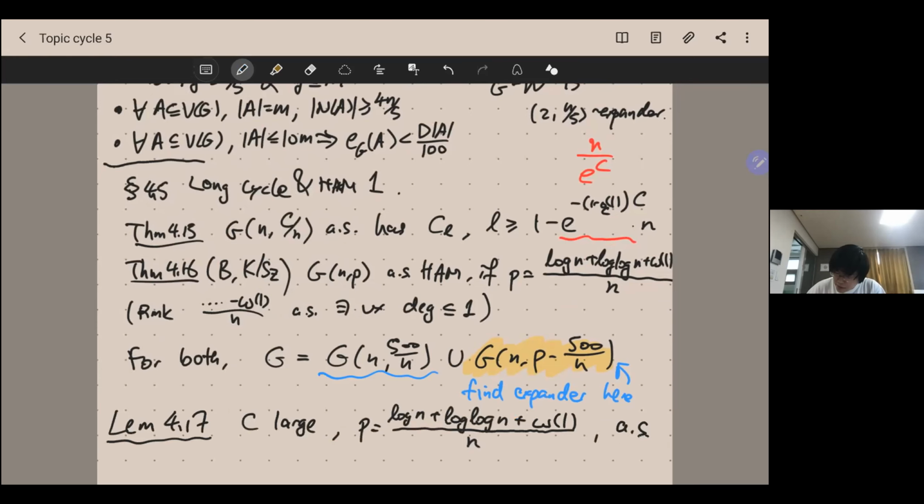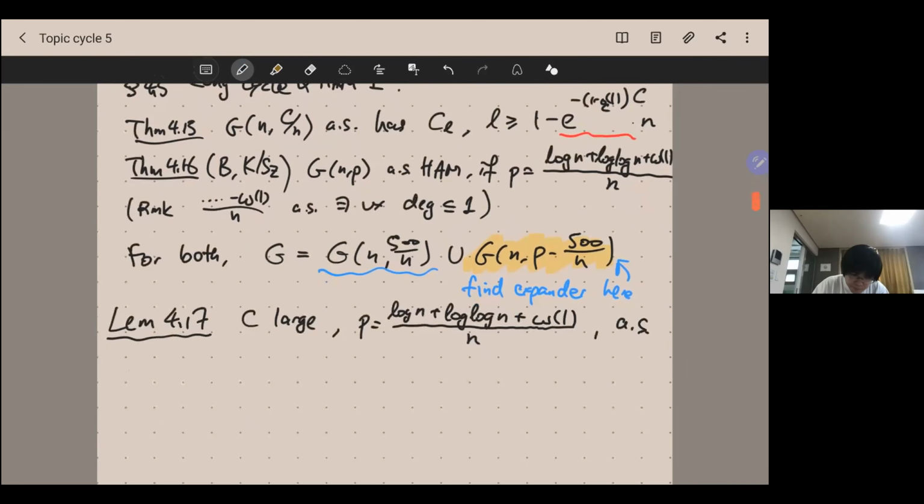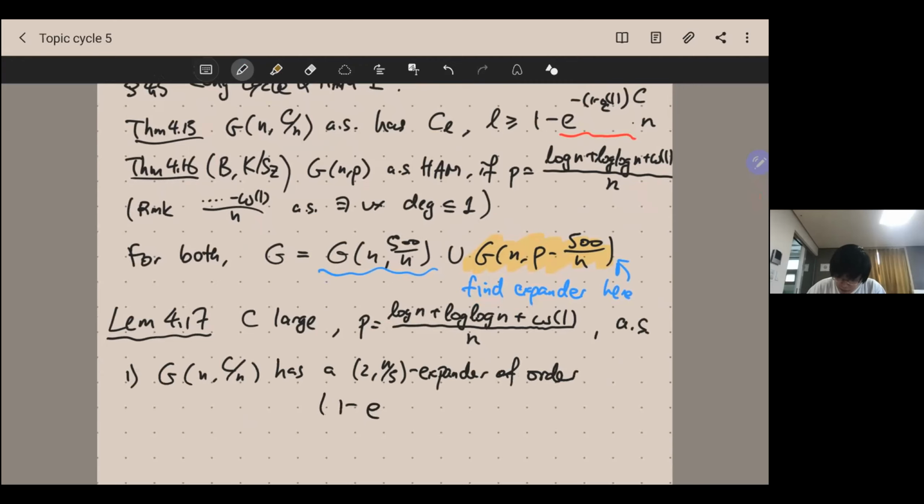Then almost surely, G(n, C/n) has a 2n/5 expander of order 1 minus the same error term. The second one is G(n,p) itself. So we have a spanning expander with all the vertices.